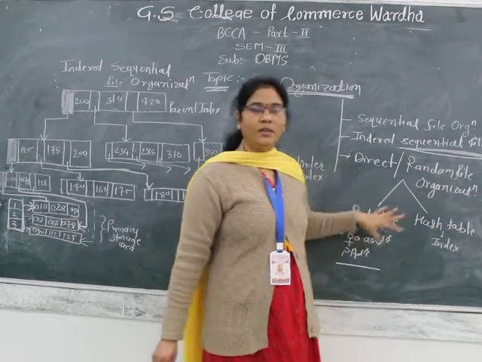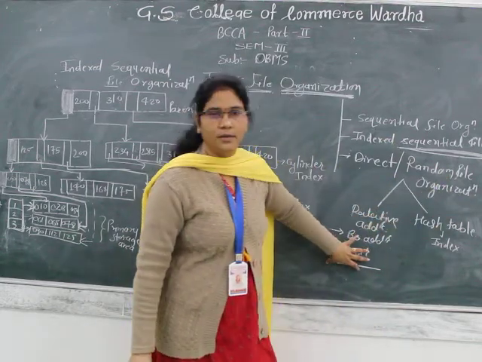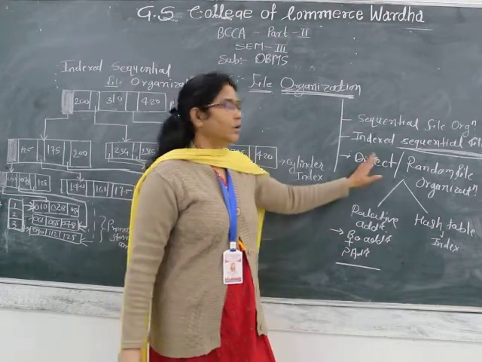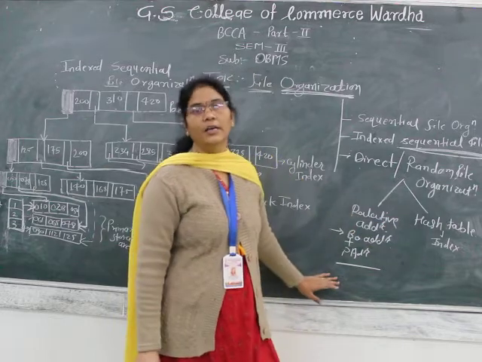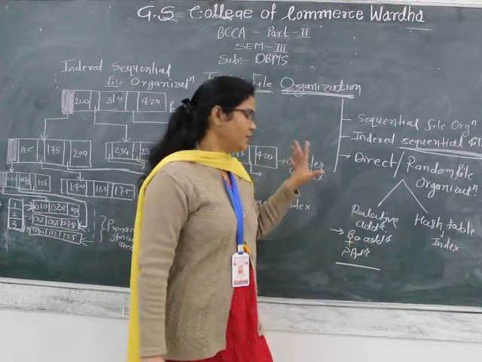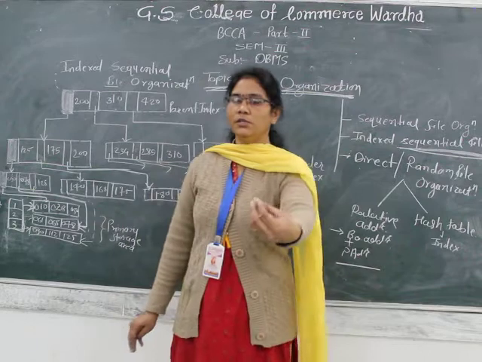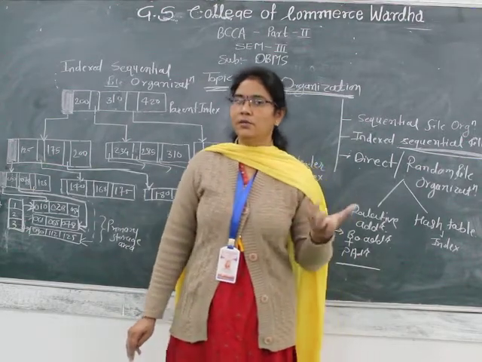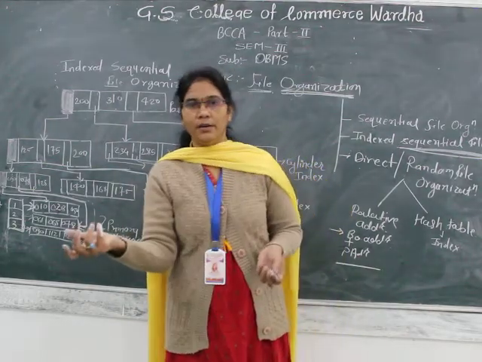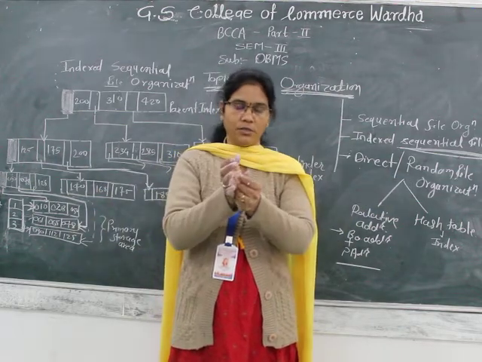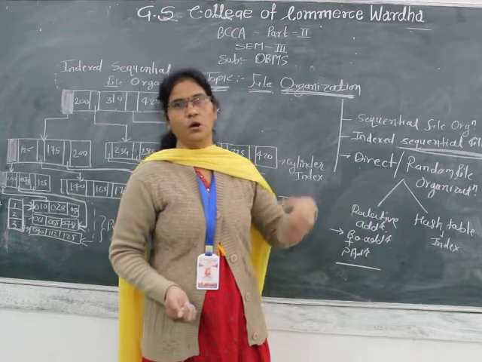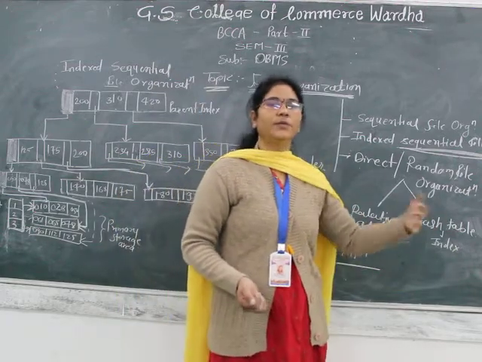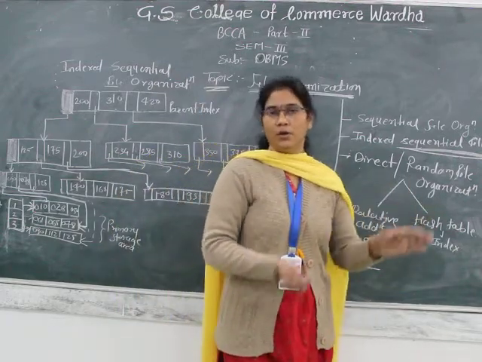When we maintain the relative address entity, direct or random file organization works in the relative address mode. The user just gives the relative address, and from the combination of both addresses we get the location, so we fetch that record directly.